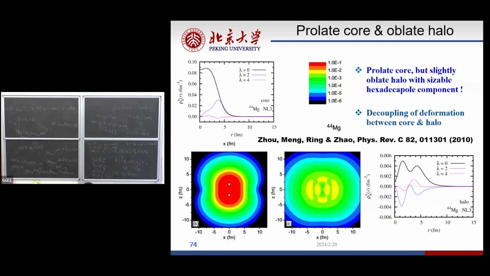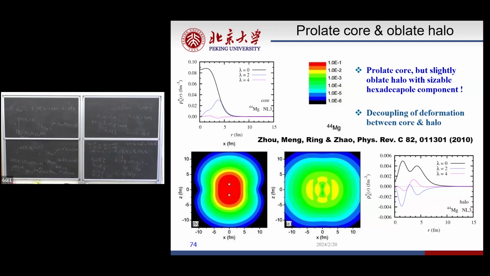And then you see this is how we separated the core and the halo part. A big surprise: we found that the core is prolately deformed, but the halo part is oblate.